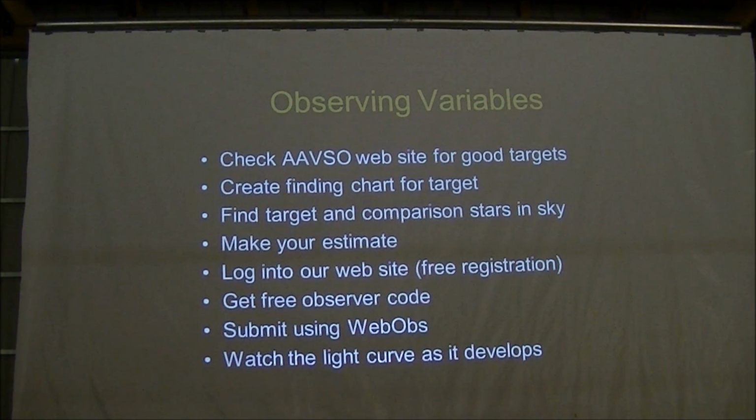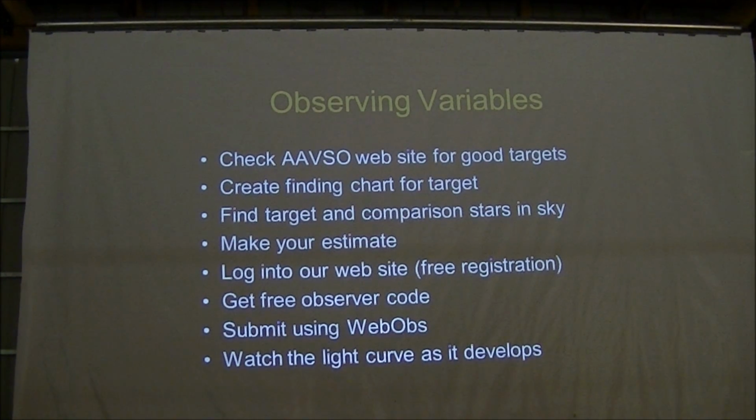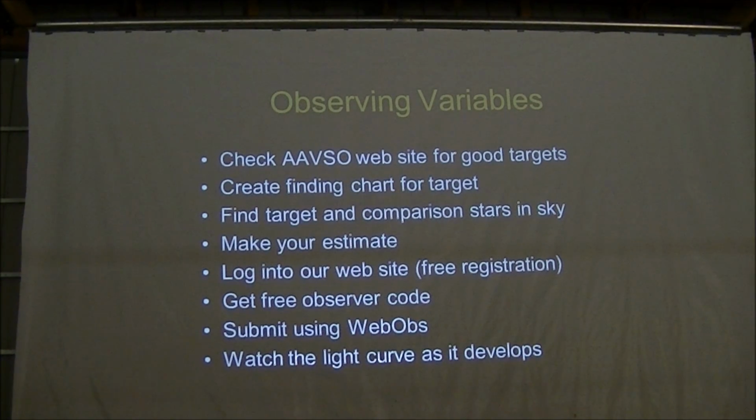And so they're asking for observations from amateurs. So there are ways in which you can find stars that are of interest to others. There's also several lists on our website of stars that are easy to observe, or stars that are long-period variables, or young stellar objects. And so starting with our website is a good place.